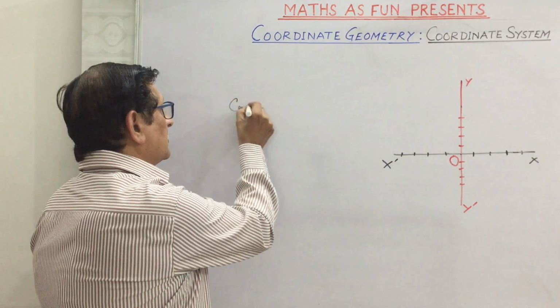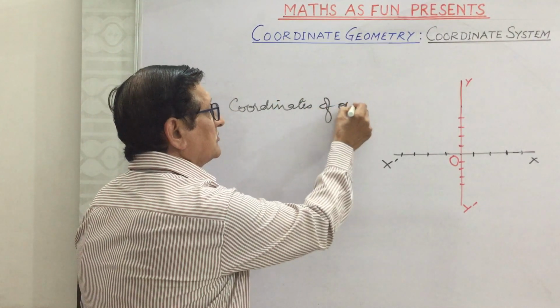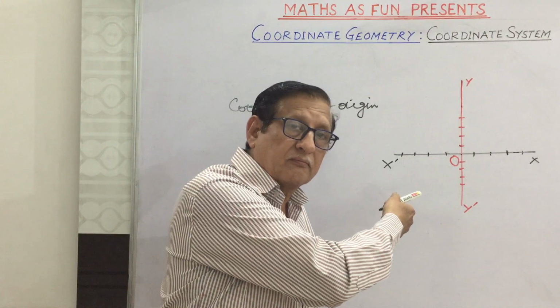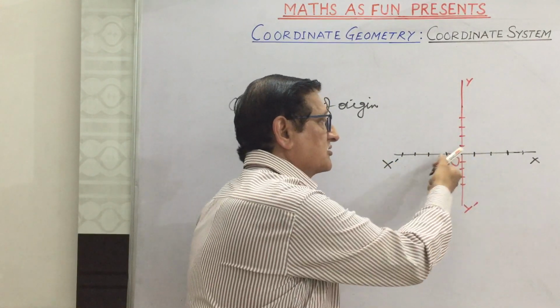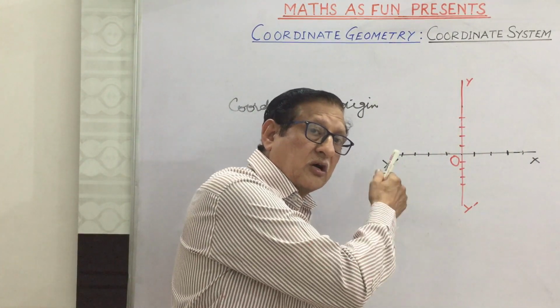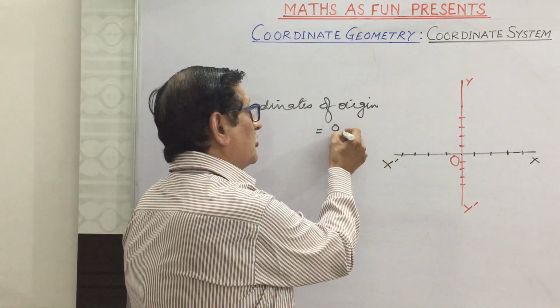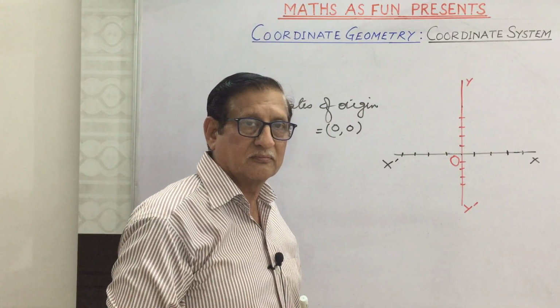What are the coordinates of origin? Origin is actually the starting point, and that's why neither we are moving any distance on the x-axis nor we are moving on the y-axis, and this is the starting point for both. So we say that the coordinates of origin are 0, 0.